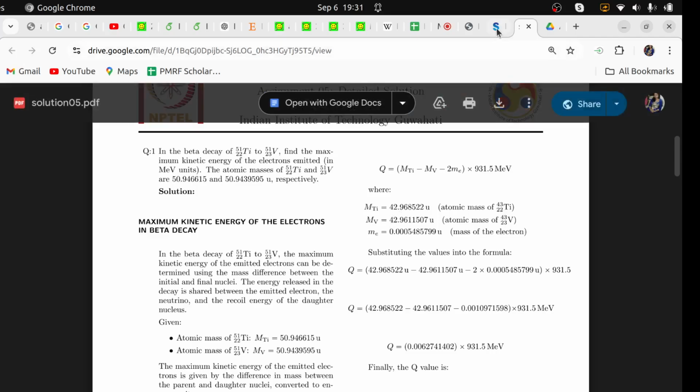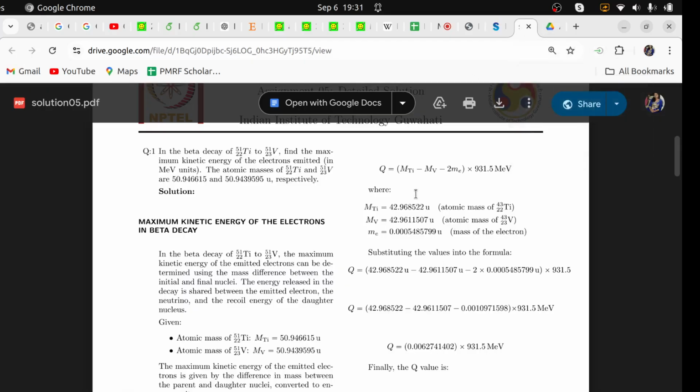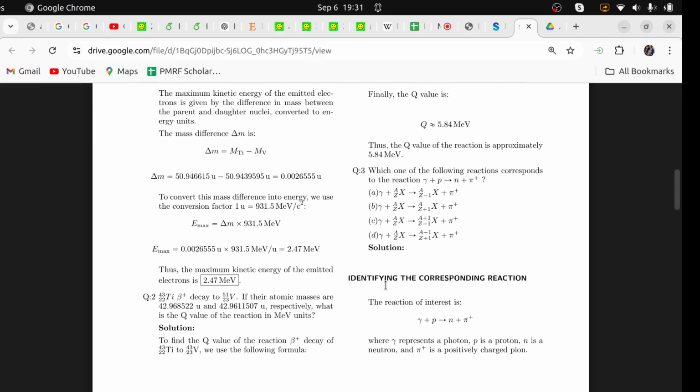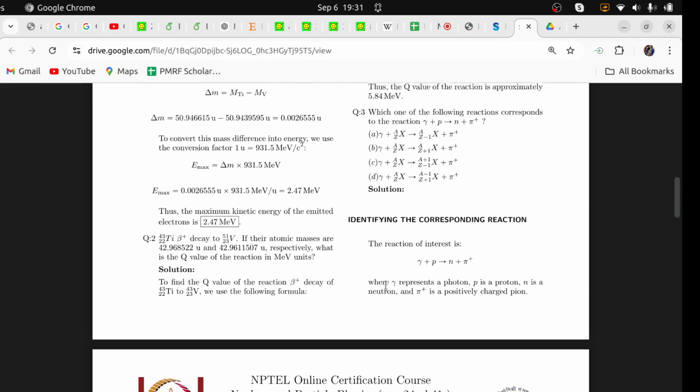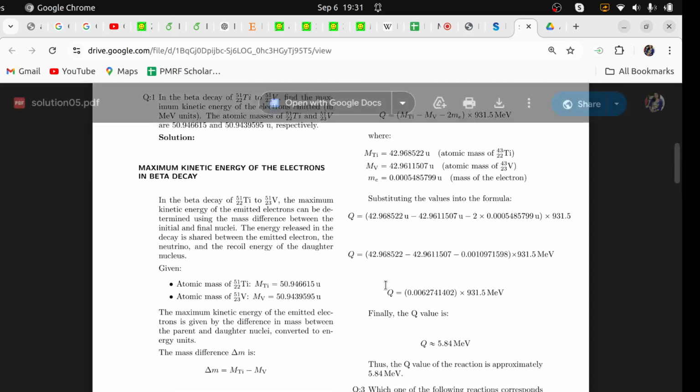Okay, so we have to focus on mass because they are asking us about the Q value. Yes, whatever you told is correct: it is scandium and there should also be scandium, but it is written as vanadium. But for this question at least, we need to check only the mass.